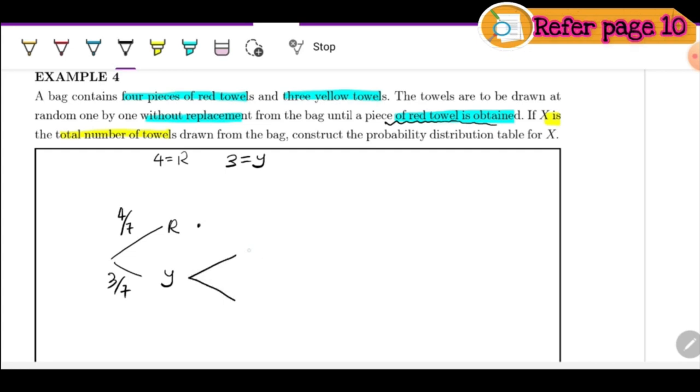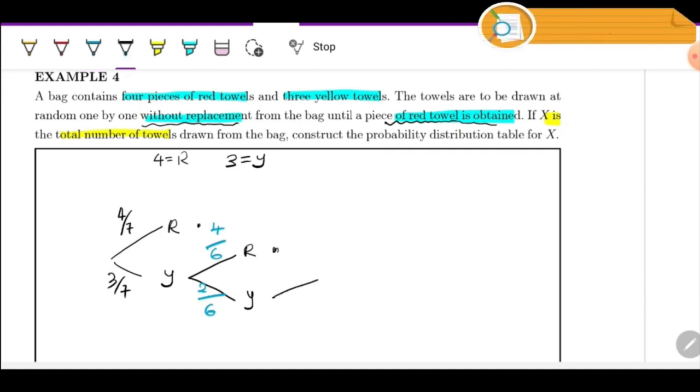So for second draw, we could get either red or yellow. The towels are drawn without replacement. It means the total space becomes decreasing. So the total space becomes 6. So the probability for second draw for yellow is 2 out of 6 and for red is 4 out of 6.